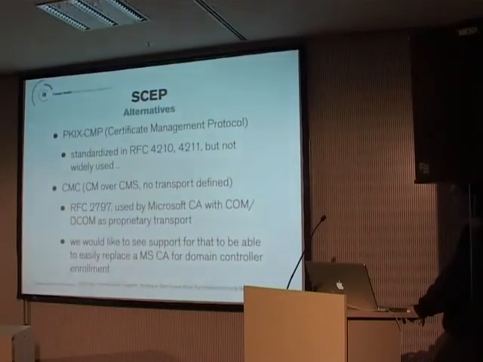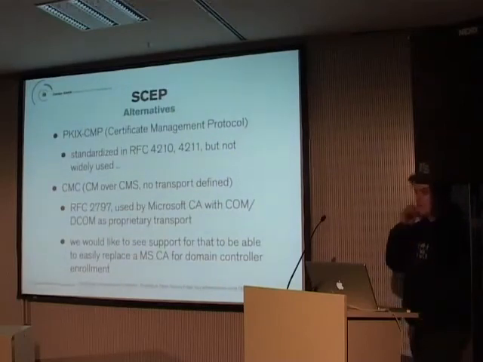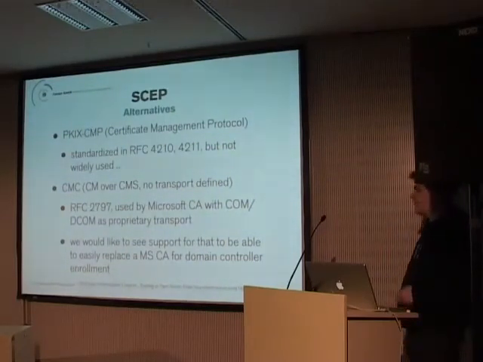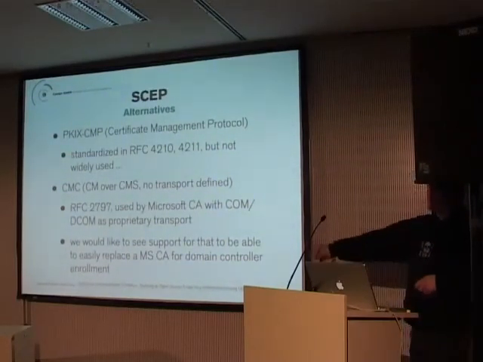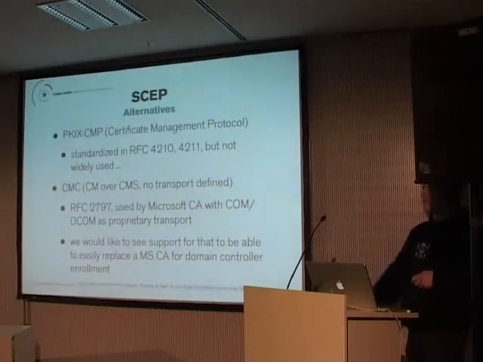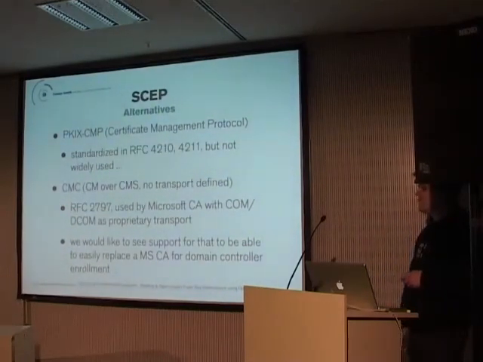Because we would really like to see support for that, because that would make it easy to replace a Microsoft CA for domain controller enrollment, because the domain controllers are just enrolling using that protocol, and you could just stick a box in and say, okay, this is our open source replacement for Microsoft CA. That would be really neat. So basically, the protocol is pretty nice, and it could be implemented. The problem we are having is the COM/DCOM part, where free libraries for COM/DCOM are a bit, well, scarce, I guess.